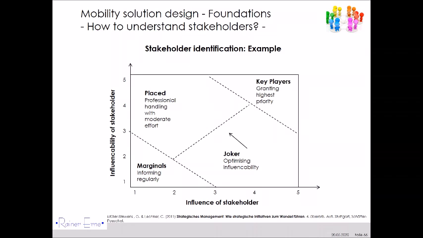And according to these two criteria, the influenceability and the influence of the stakeholders, you can group your stakeholders so that you can focus on the key players and perhaps on the other stakeholders, but you don't have to investigate all stakeholders.